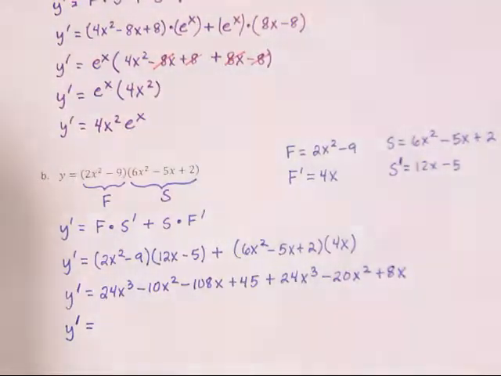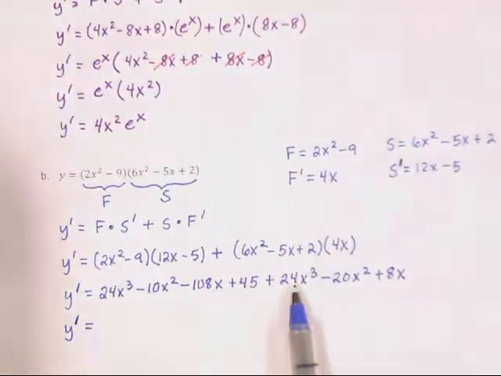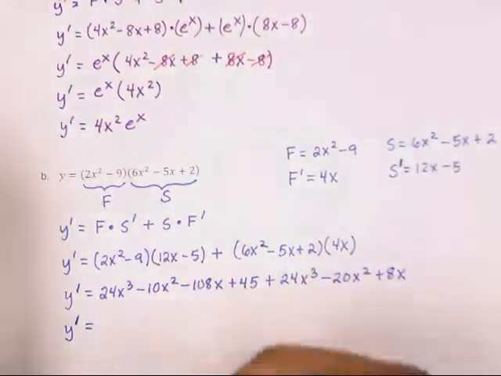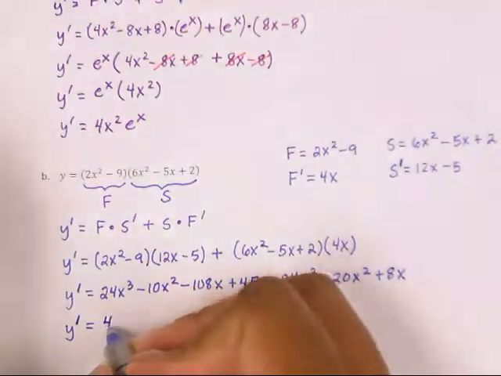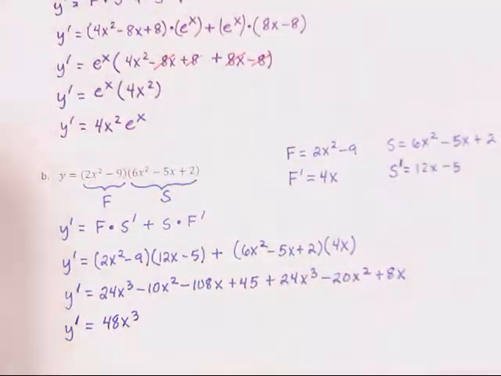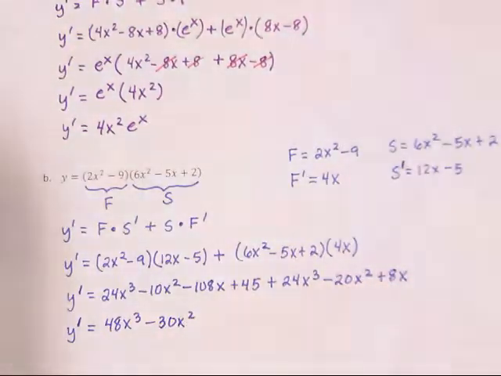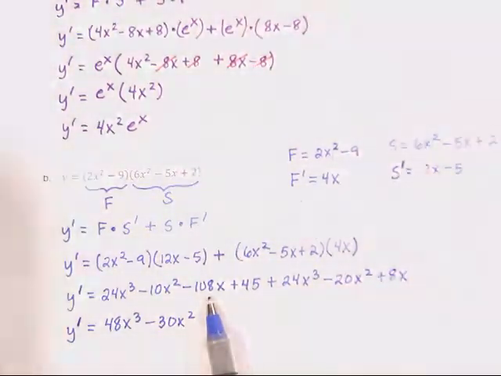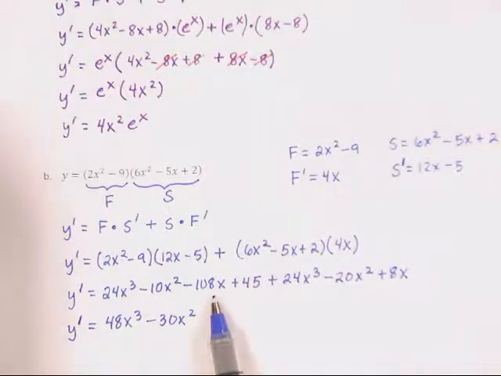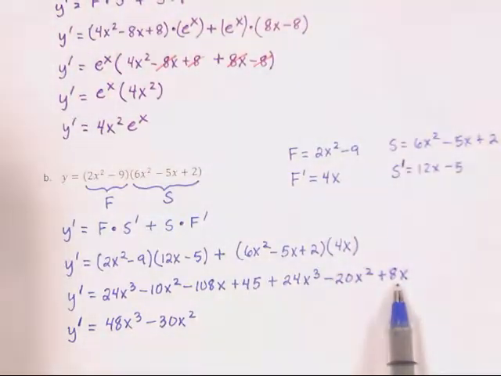Now next I'll go ahead and try to combine some like terms if I can here. Well, I got 24x cubed and another 24x cubed. If I add those up, I'll get 48x cubed. And then minus 10x squared and a minus 20x squared will be a minus 30x squared. And then negative 108x and a plus 8x.